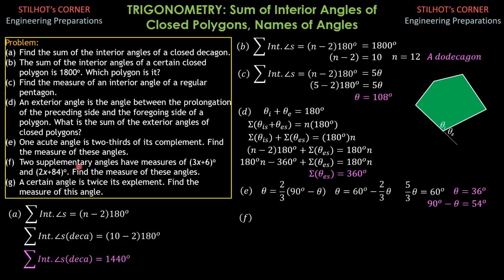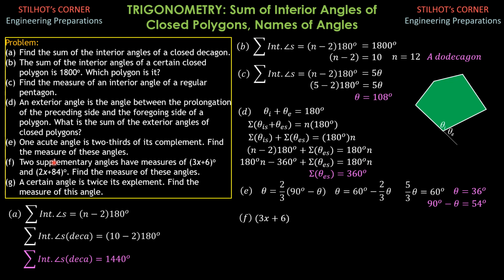If two supplementary angles have measures of (3x plus 6) degrees and (2x plus 84) degrees, find the measure of these angles. Since these two angles are supplementary, the sum of these angles is equal to 180 degrees.